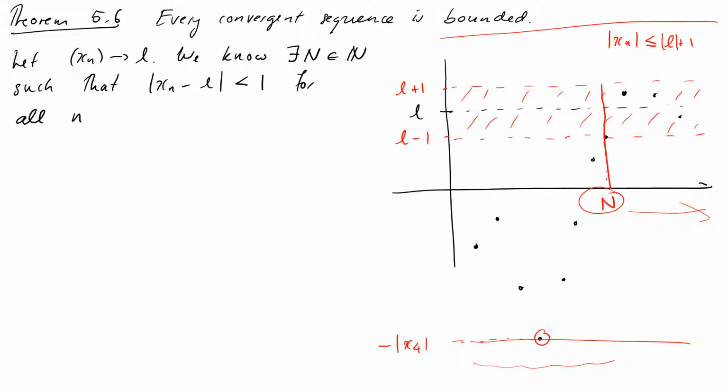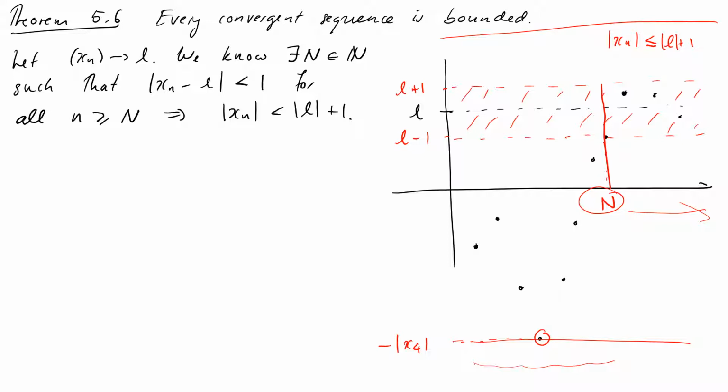Doesn't really matter. For all n greater than or equal to N. This implies the absolute value of xn is less than the absolute value of L plus 1. Okay, so that's dealt with all of the tail of the sequence.